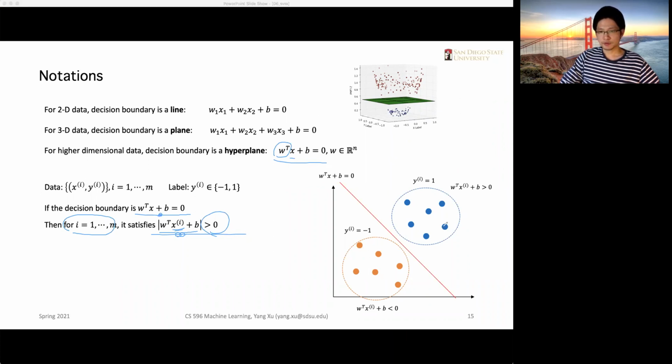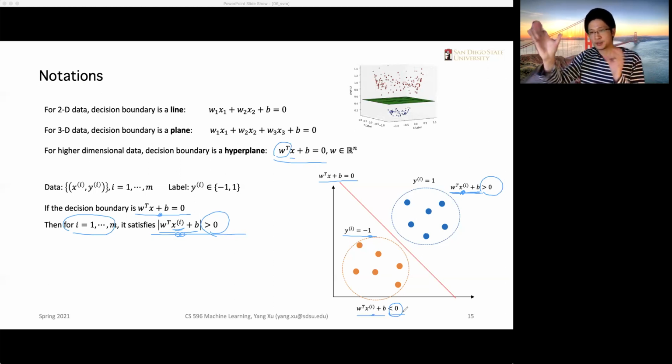If we observe the two sides of the decision boundary, we should see these quantitative relations. First, the decision boundary is like this. On one side, if we apply the equation to the data points Xi, the result must be greater than 0. It cannot be 0. On the other side, because this is a different class, the class for y equals -1, the sign of this equation should be negative.